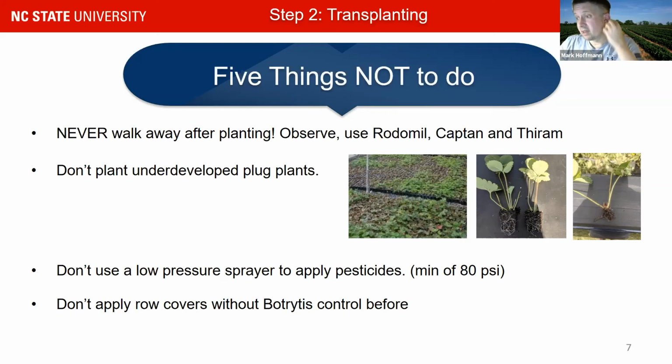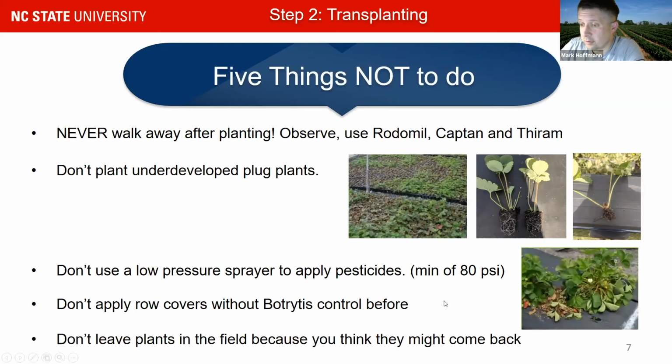Botrytis can also come in through planting materials, so it's important to scout your plants for Botrytis before they go into winter. If you remove the inoculum before you put on your row covers, you reduce the chance of a Botrytis outbreak under the row covers significantly. That is another thing which people often don't do.